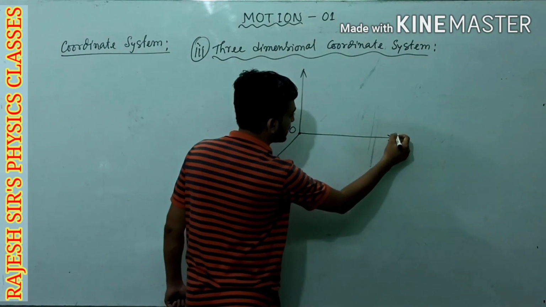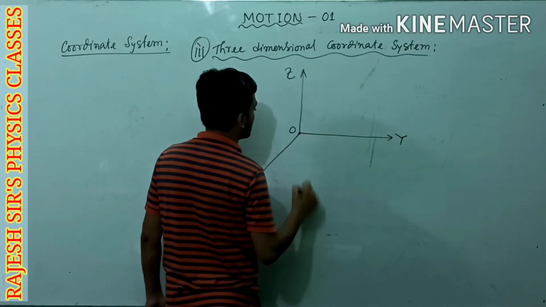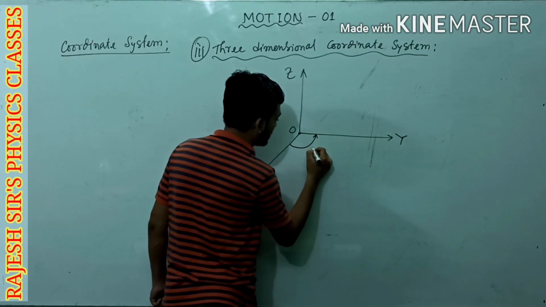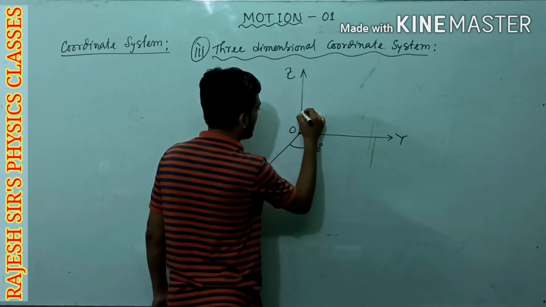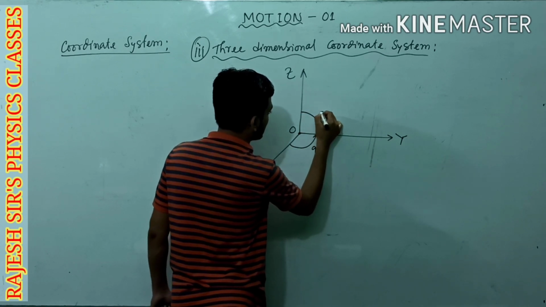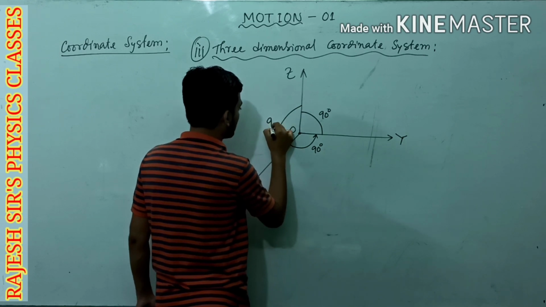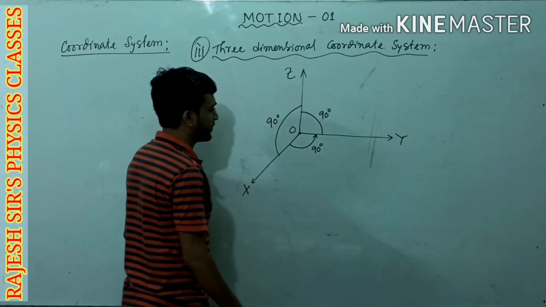Suppose this is x-axis, this is y-axis, and this one is z-axis. You have to remember one thing, that x and y are mutually perpendicular to each other. Y and z are also perpendicular, and at last z and x are also perpendicular to each other.